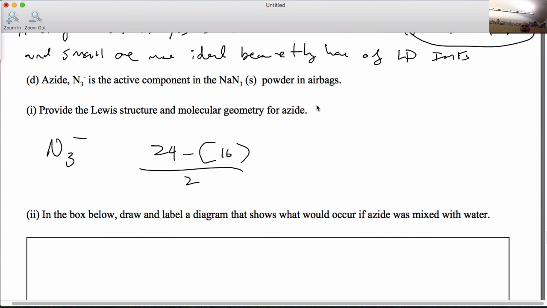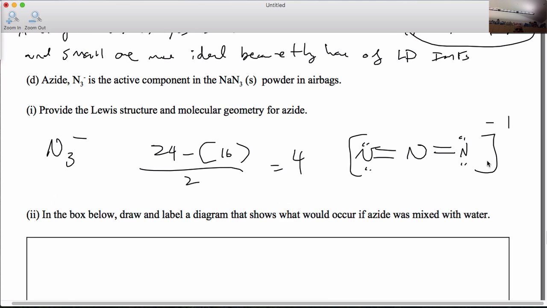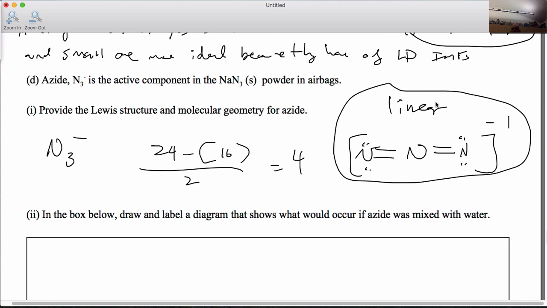So 24 minus 16, well, that's going to be 8 divided by 2 is 4 bonds. So we know here we're going to have N, boom, boom, boom, minus 1. The molecular geometry for this is going to be linear. But it's an ion.